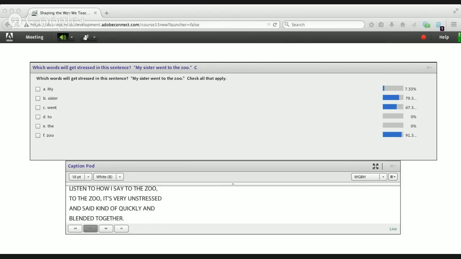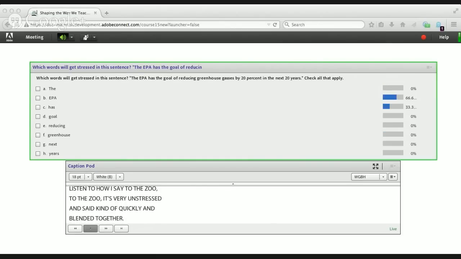Okay, now the next one, we're going to do an environmental example. It's a little bit more complicated, and I'm going to take a drink here. There we go. Which words will get stressed in this sentence? And I'll say it, and then you can check your answers. The EPA has the goal of reducing greenhouse gases by 20% in the next 20 years.